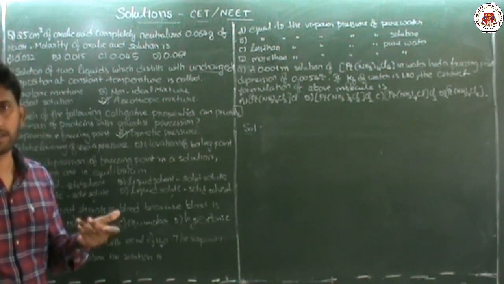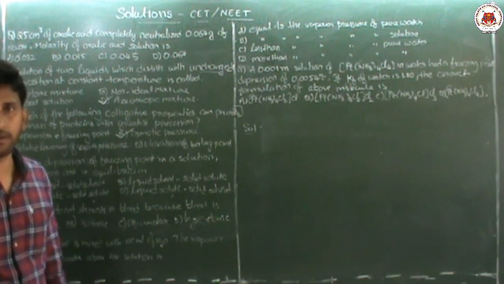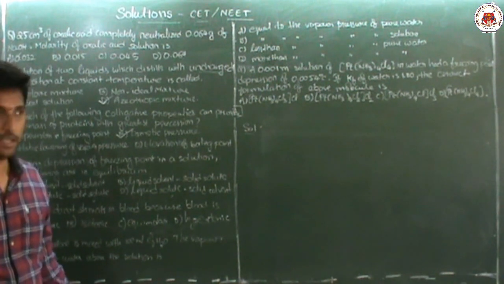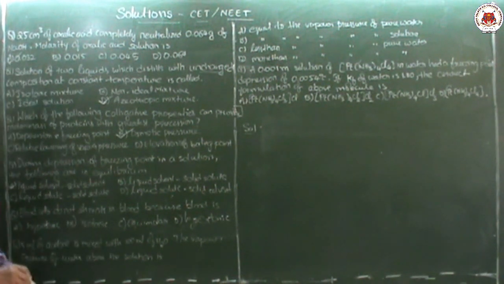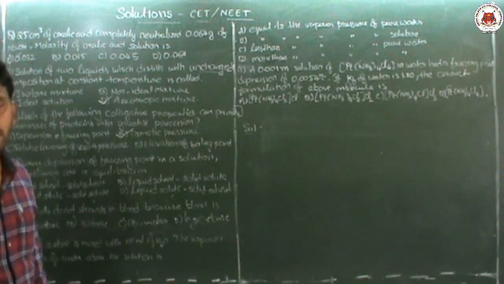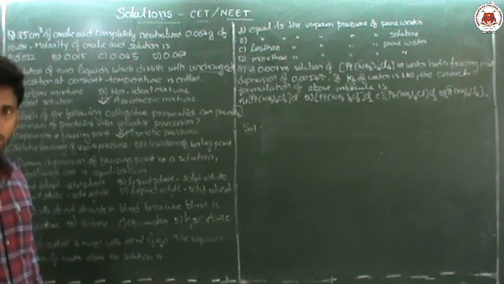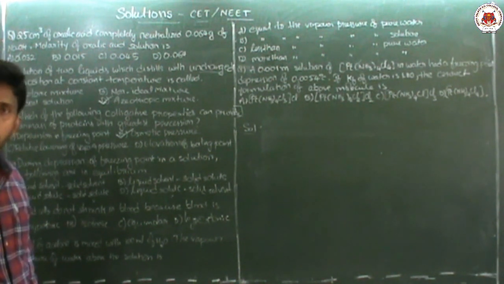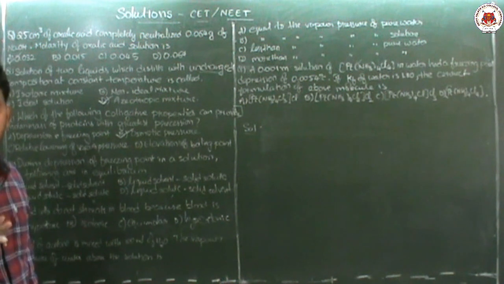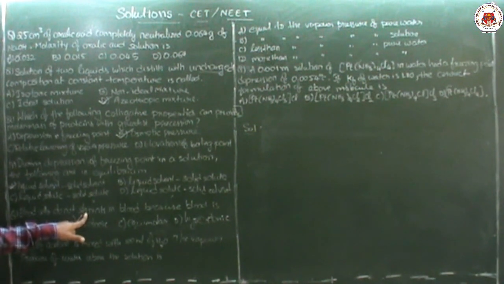But in blood they will not shrink or swell because the outside atmosphere and inside the cell have the same osmotic pressure. Whenever the condition is isotonic, then only RBC can survive without shrinking or swelling. So isotonic.